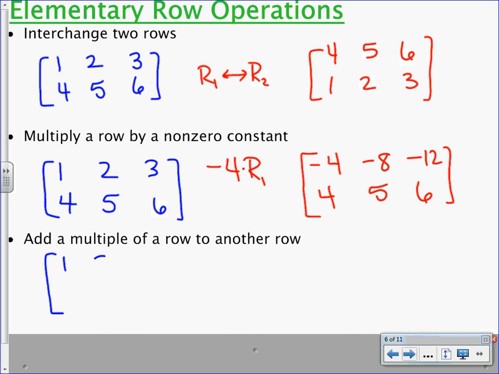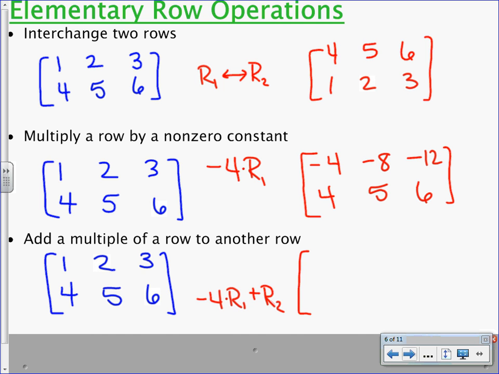That doesn't mean you have fewer rows, you would just be replacing one of your rows. So here's my original matrix again. What we're going to do is take -4 and multiply it to row 1. That's what we did in the second one, right? And we're going to add it to row 2. And that's going to become our new row 2.